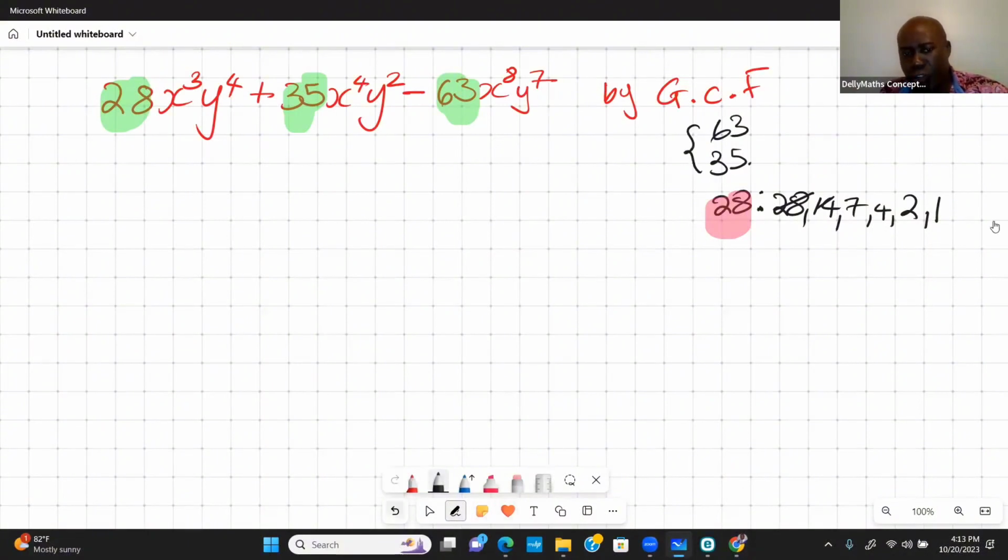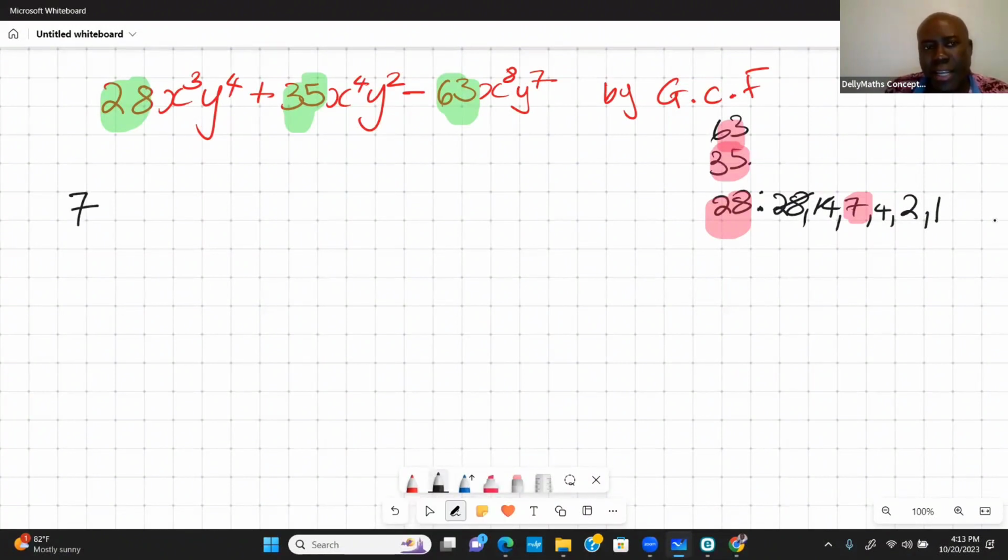So 14 can't work. Let's try 7. Can 7 go into 35? Yes. Can 7 go into 63? Yes. So 7 will be the highest common factor of all three numbers, and for the coefficients, we're going to use 7.